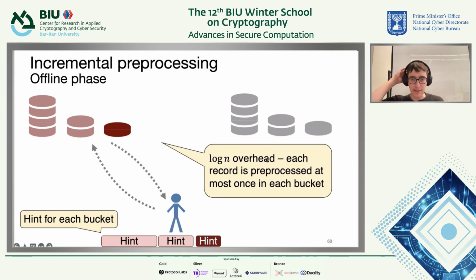The idea is that we only have a logarithmic overhead for handling updates compared to a database without updates. The reason is that every record is preprocessed at most once in each bucket. As every record travels between the different bucket sizes, it gets preprocessed multiple times, but at most log n times. So it's not that for every bucket you need to rerun the entire preprocessing. You only get a logarithmic overhead overall.